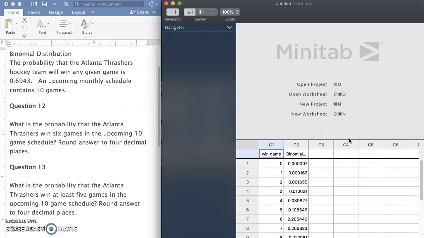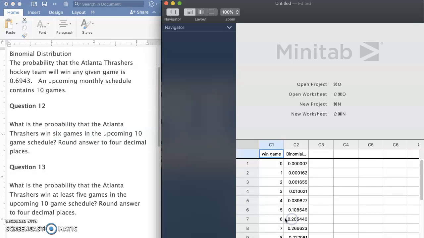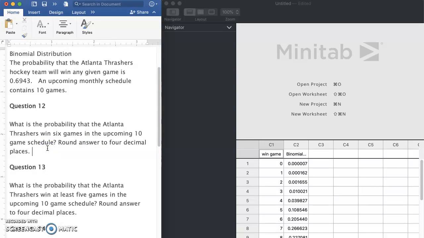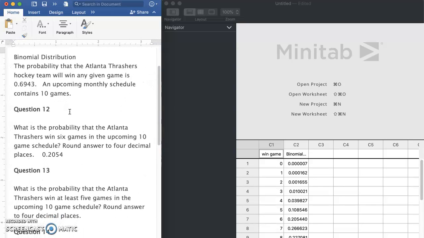So now that we've got that, let's answer our question. So basically we have a problem set up. Now we can answer question 12. What is the probability that the Atlanta Thrashers win 6 games in that schedule that we've just talked about? So if it's exactly 6 games, you go over here and you look exactly next to the 6, and the probability is 0.2054, because up here it asked us to round everything to 4 decimal places.